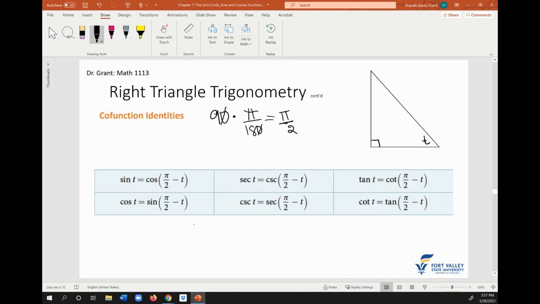If this is 90, we know that these two angles must add up to also 90 degrees because the total sum of a triangle is 180 degrees.